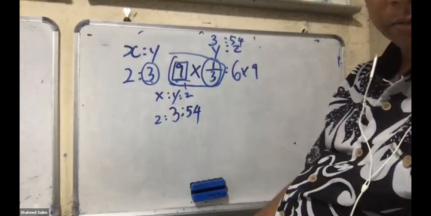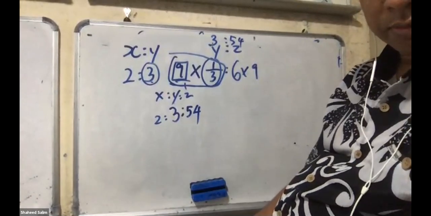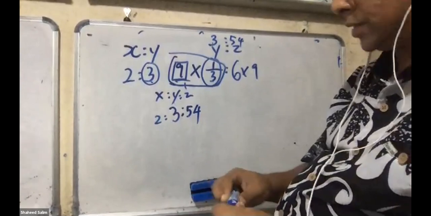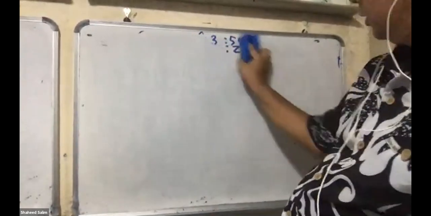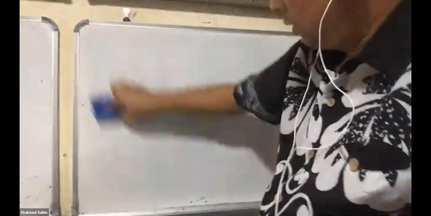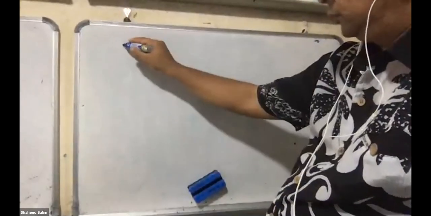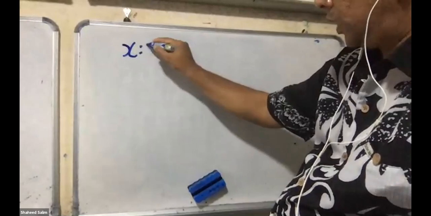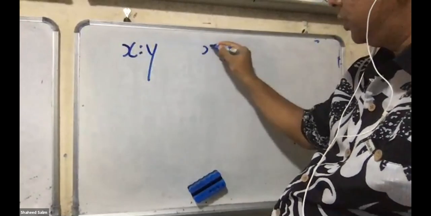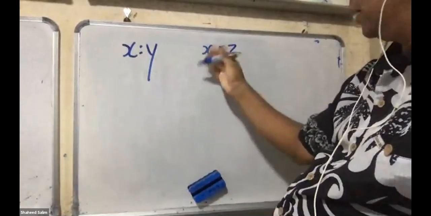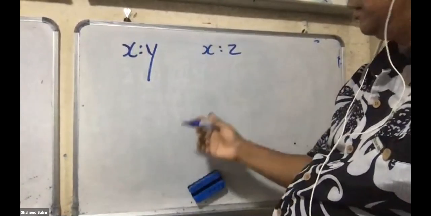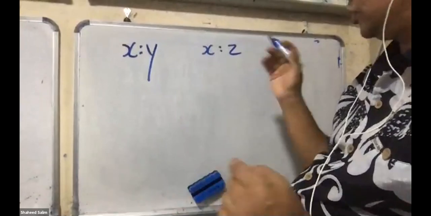How, getting in? Getting it? You sure? Okay, we try some more. We have to do until you are very, very clear. Okay, I'm going to play a trick on you. Let's see whether you can. Again, there's not x is to y is to z. No, now it's x to y, x to z.